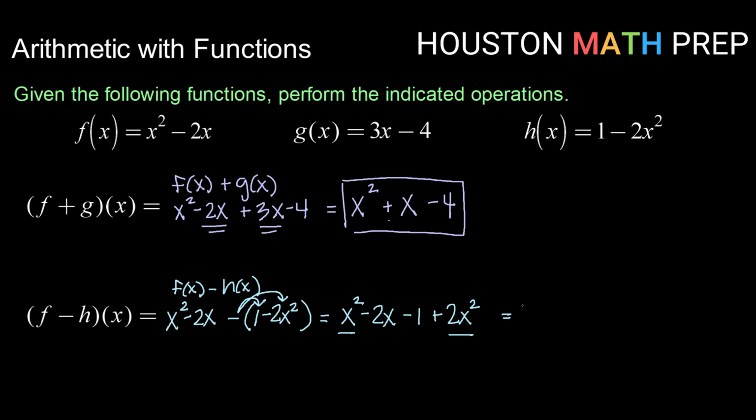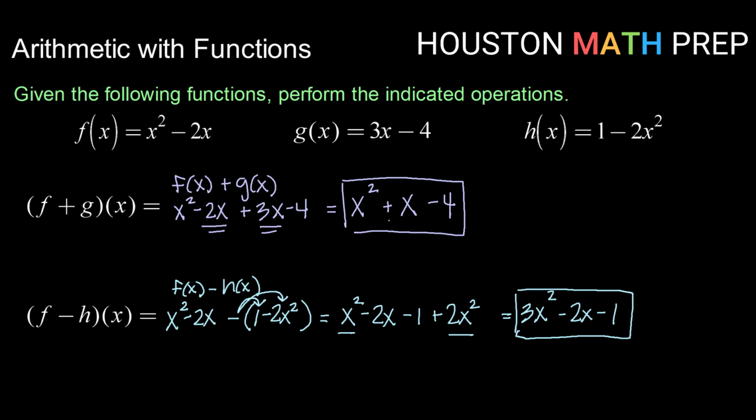So x squared plus 2x squared makes 3x squared minus 2x minus 1. So my new function, f minus h of x, is 3x squared minus 2x minus 1. So there we see sum and difference.